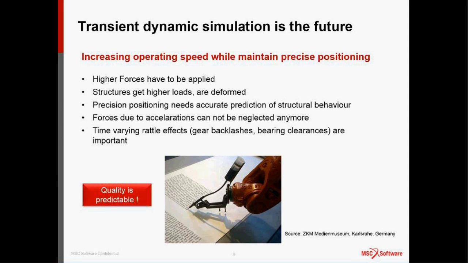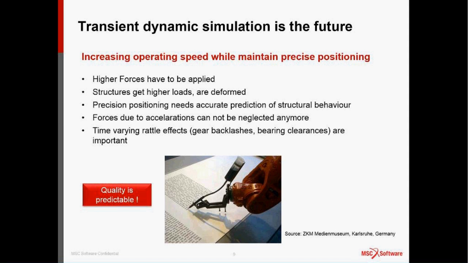So when you are applying a higher force on some of the components, the fact is that you will get higher loads, and as a matter of fact, some of your components will get a little bit larger deformation than the original design. So in this case, being able to capture that deformation during your modeling or simulation process is very critical to precise prediction of your moving trajectory.